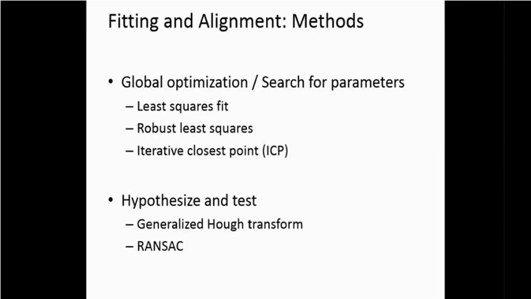And then we'll also talk about some hypothesize and test methods, where you propose some set of parameters, and there's a variety of ways that you can propose those parameters, and then you test to see how good those parameters are. And so generally, the global optimization or search for parameters tends to work well when you expect that your data is just noisy, but there's not a lot of outliers. And hypothesize and test tend to be more robust to outliers.